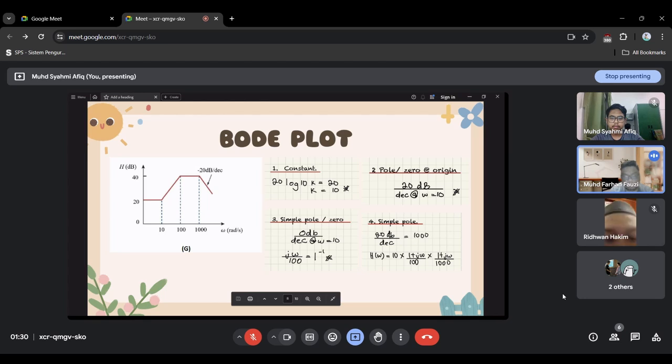Fourth, simple pole, 20 dB per decade, equals 1000. H(omega) equals 10 multiplied by 1 plus j omega per 100 multiplied by 1 plus j omega per 1000.